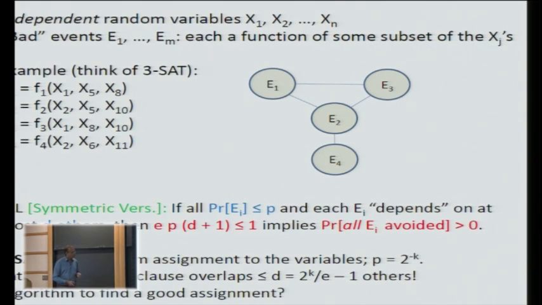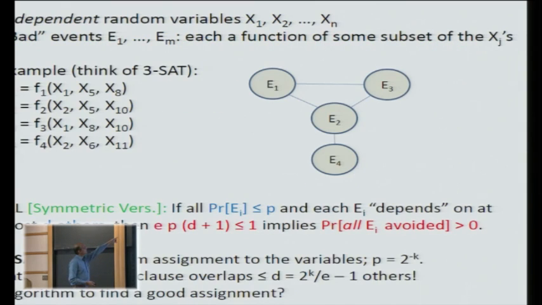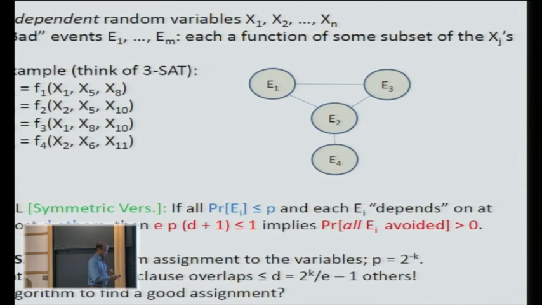The local lemma is a little more general. It talks abstractly about events and dependencies, but essentially all applications in computer science fit the following framework, where your bad events, the events that you want to avoid, are driven by some underlying independent random variables. This is called the variable version of the local lemma.